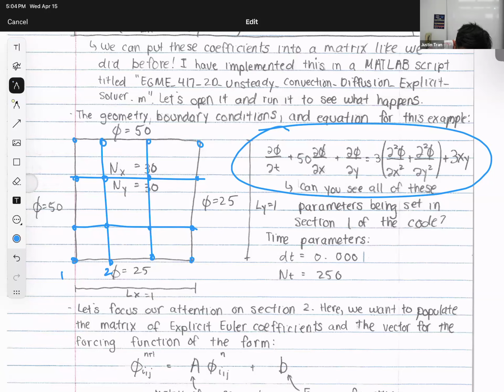This is point 1, 2, 3, up to 16. On the homework, I've given you a very similar problem, where I give you a grid and an equation, and I want you to compute the explicit time advancement for all the nodes in this grid.